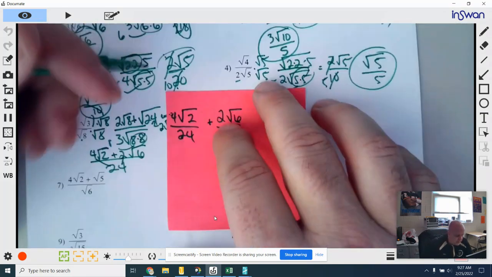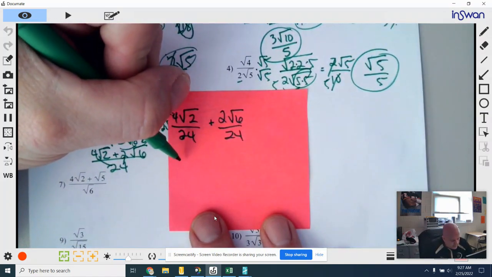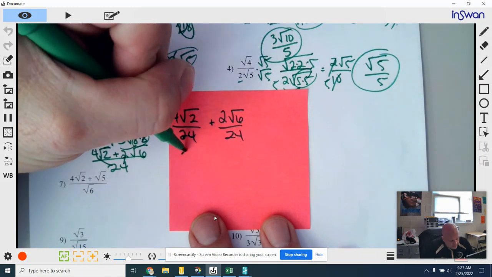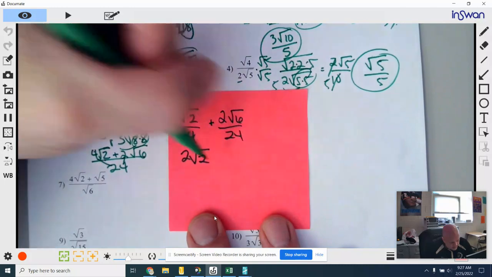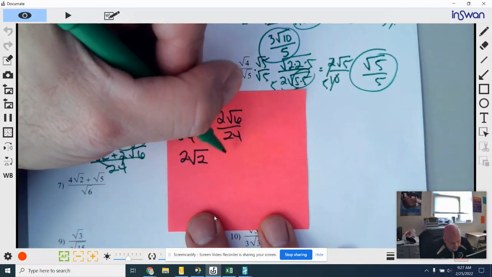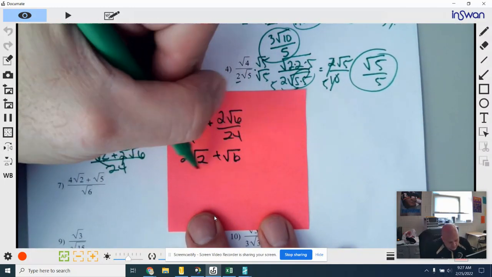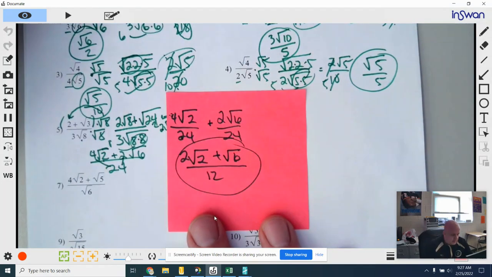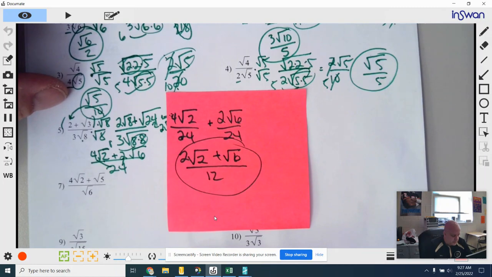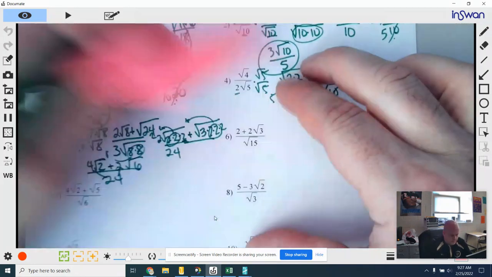So if I'm going to simplify this, I know if they're all even, I can cut them in half. Half of 2, I got my root 2 for that. Half of 2 is 1, which I don't need to write, plus root 6. On the bottom, half of 24 gives you 12. So we get 2 root 2 plus root 6 over 12.